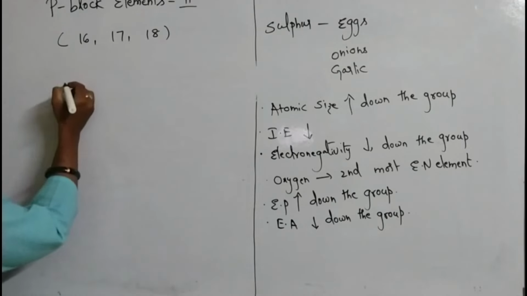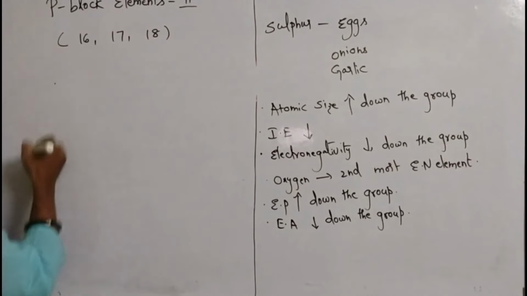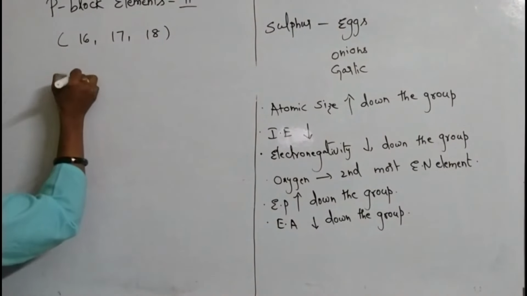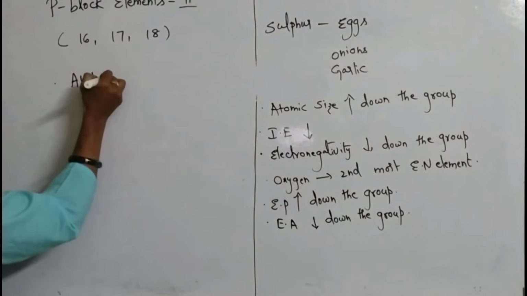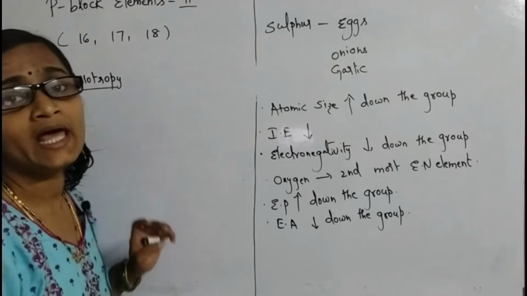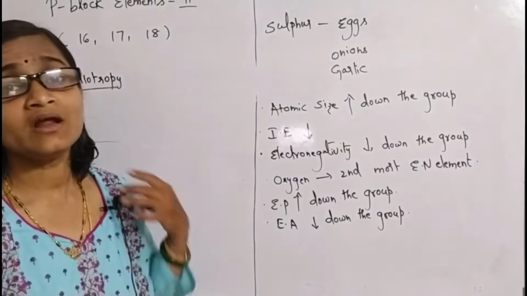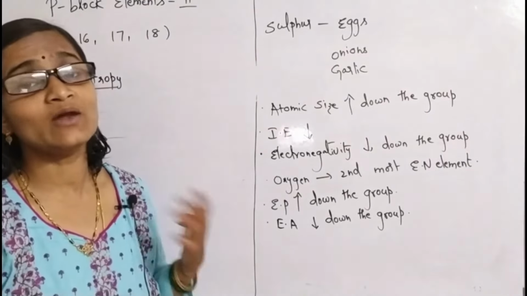Other than physical properties, these elements even exhibit the property of what? Allotropy. You know what allotropy is? Allotropy is the existence of the same element in two or more different forms.